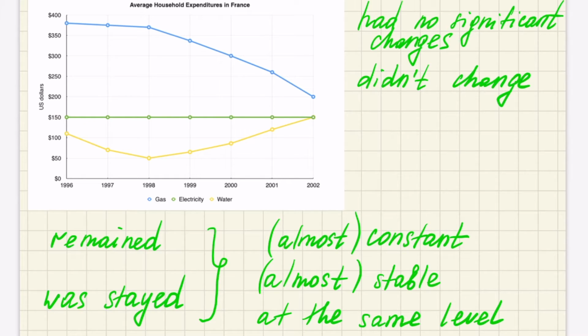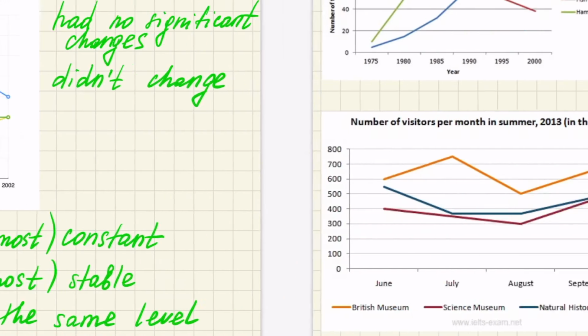We just can say it could be slightly change or no change at all. Here we can say had no significant changes, didn't change, or we can say remained almost constant, remained almost stable, remained at the same level, stayed almost constant, stayed almost stable, stayed at the same level.